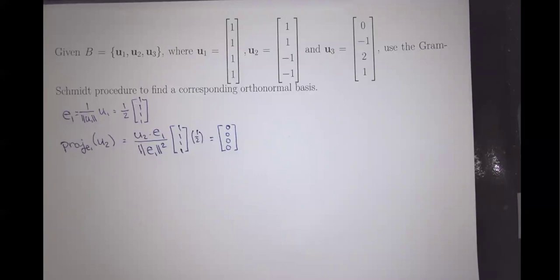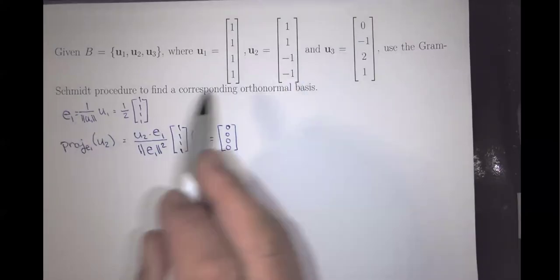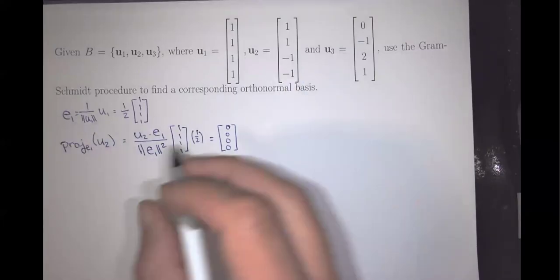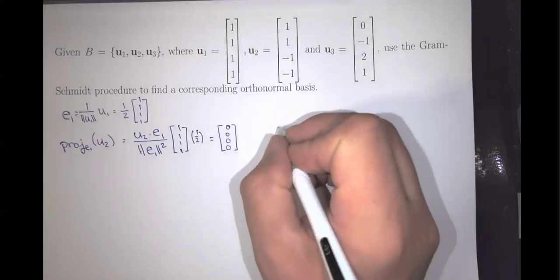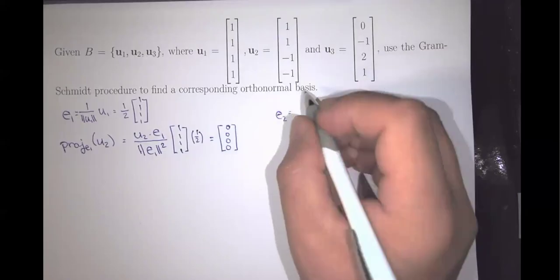So because these two vectors are orthogonal, then we simply need to take our U2 and create our E2. So our E2 in this case is a normalized version of U2.